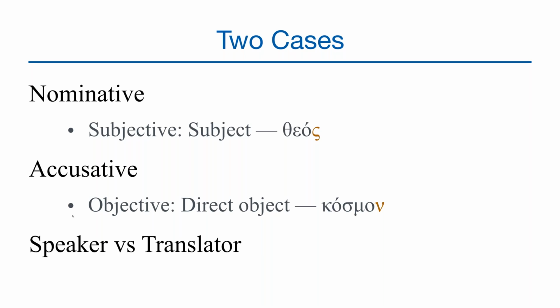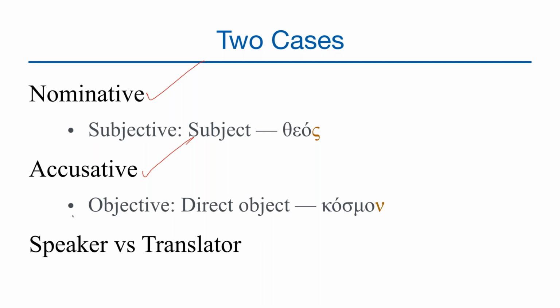there's 2 cases we're going to learn tonight. The nominative and the accusative. The nominative is subjective and will be the subject of the sentence in all of our examples and for a while. Okay.